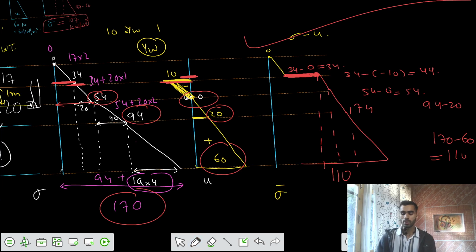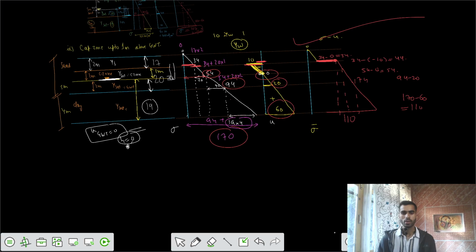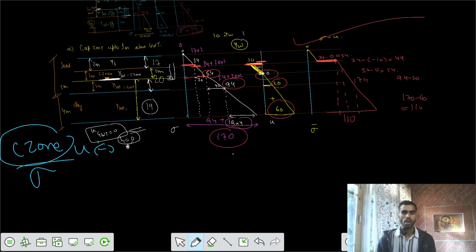Let's go for the third part of the problem, case number 3. We can have a conclusion here that because of the capillary zone, your pore water pressure is negative, so effective stress increases with respect to the original value.